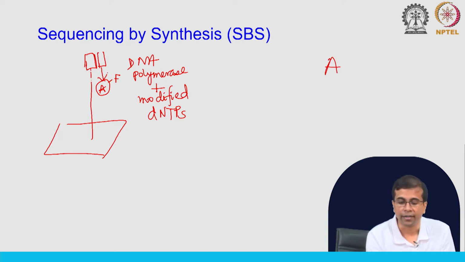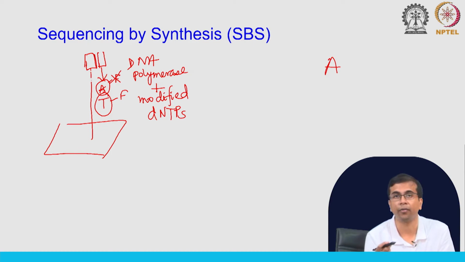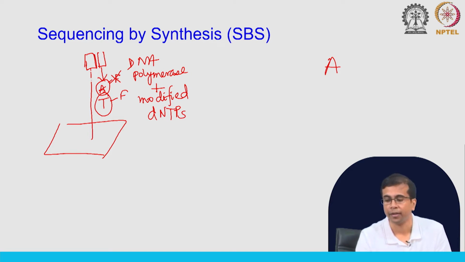Okay. In the next step, this terminator and the fluorescence is washed out. These groups are cleaved, so that they are washed out and there is no fluorescence. So, this is gone now, the terminator is also gone. Then let us say the next base is T that is added. And again there will be some fluorescent signal, something different compared to A, but it will also stop the synthesis process, and there will be a detection of signal.